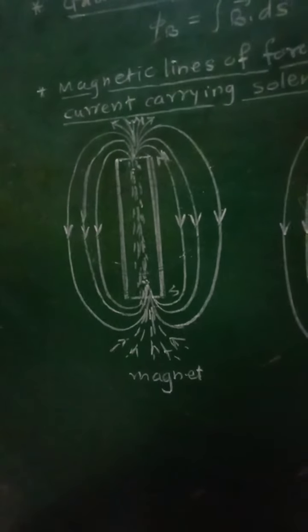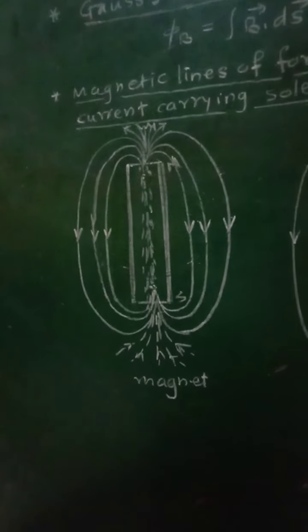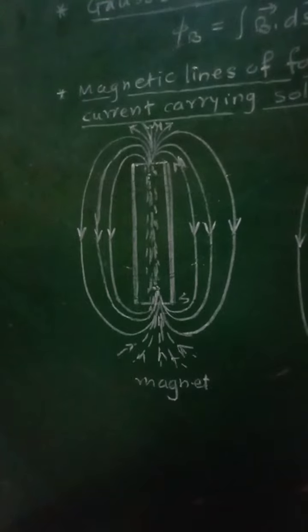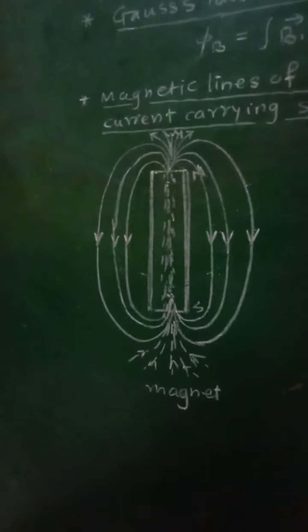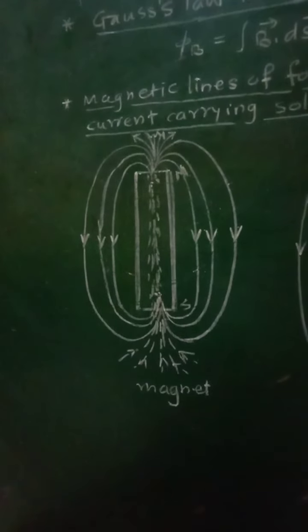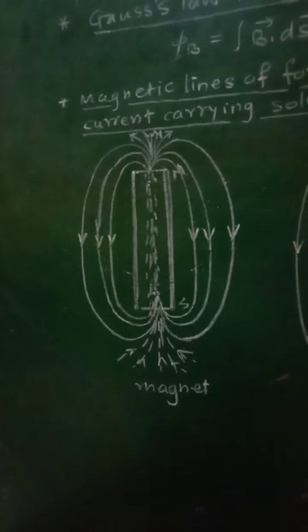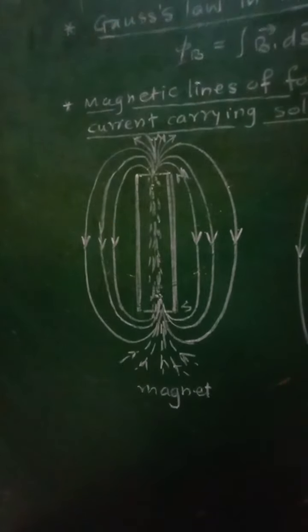The total magnetic flux associated with any closed surface is equal to 0 because the magnetic lines of forces entering in and leaving out that surface are equal, and hence the net or total magnetic flux associated with any closed surface will be equal to 0.